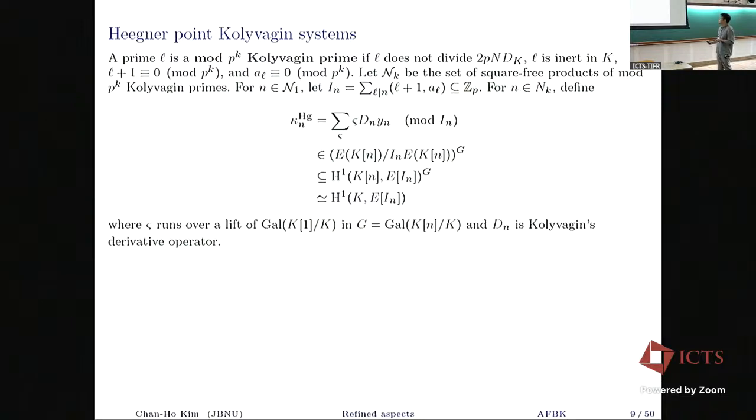And for each n in N_1, we define I_n as the ideal of Z_p generated by this. So basically, if you are not familiar with this kind of notation, you can just think this is just p^k.